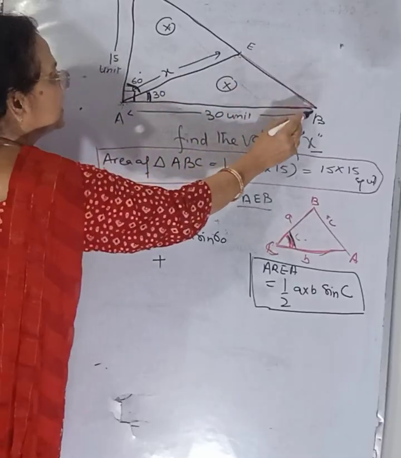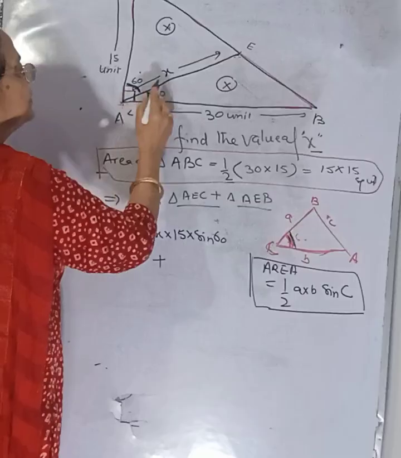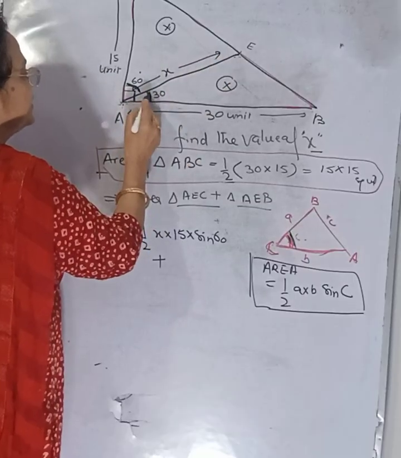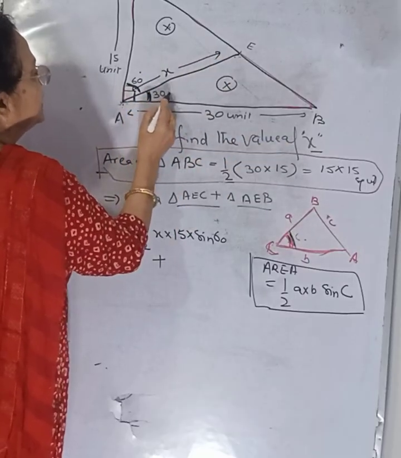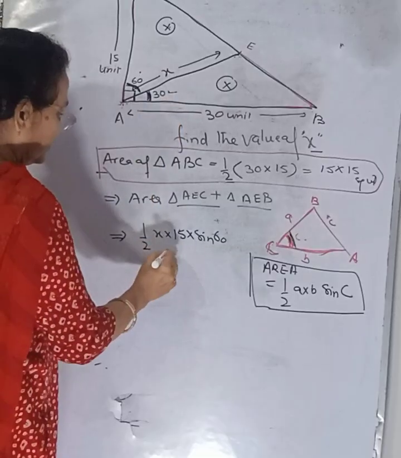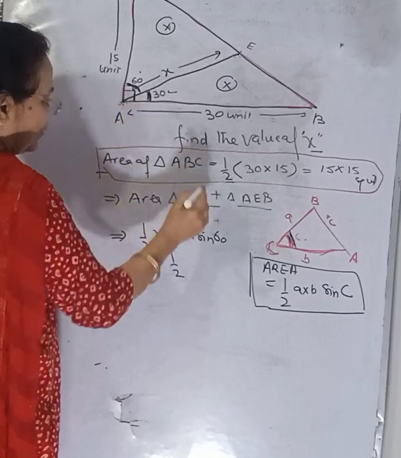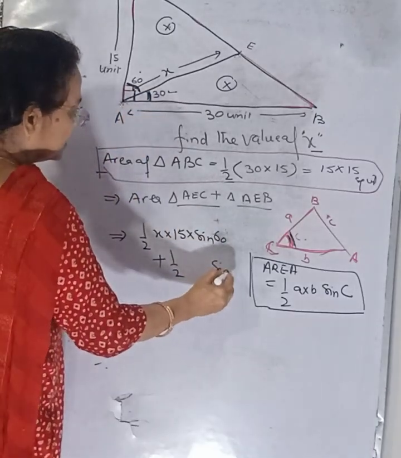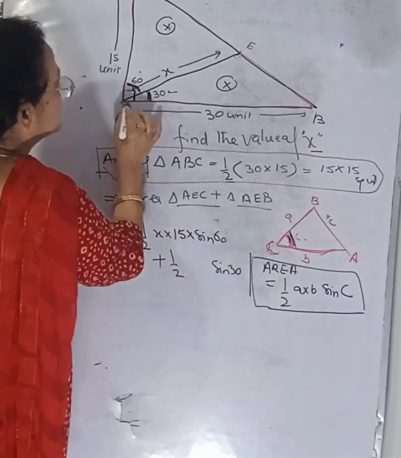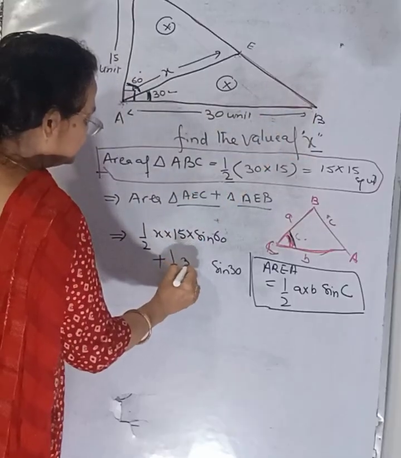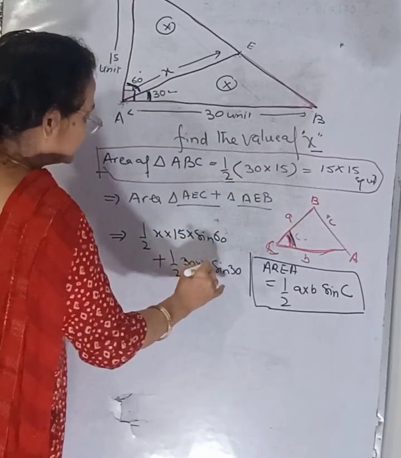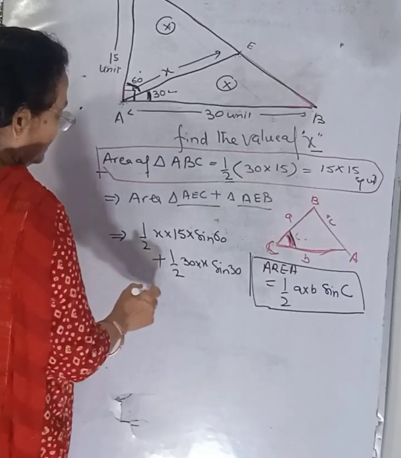This is known to us, 30. This is x. We have considered x is to be found out, and this angle is 30, so it can be written as 1/2 into 30 into x into sine of 30. Correct?